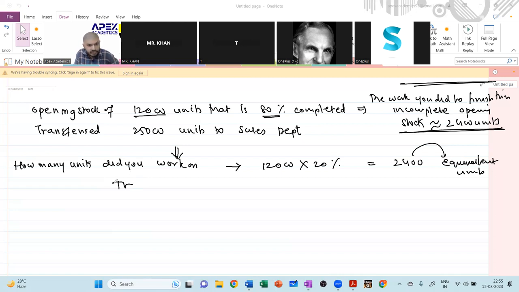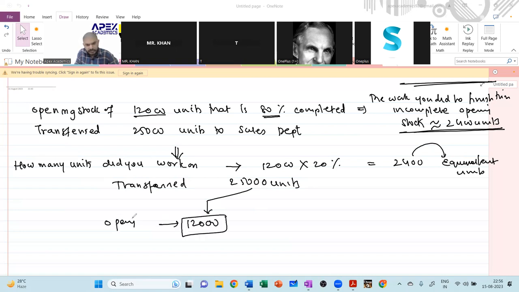Now you transferred 25,000 units. Out of this 25,000 units, 12,000 units are ready, in the form of your opening stock. So in this period, how many units have you started and completed?